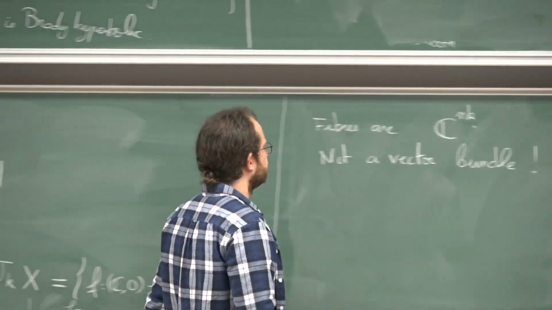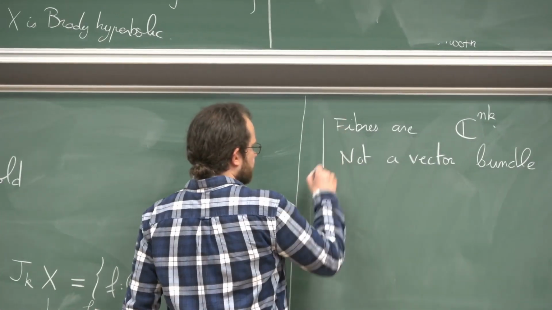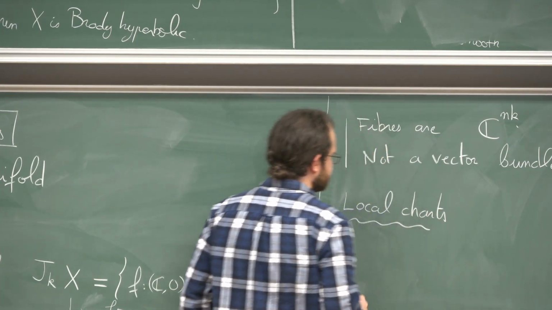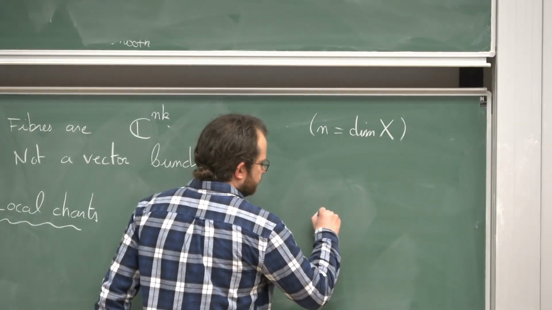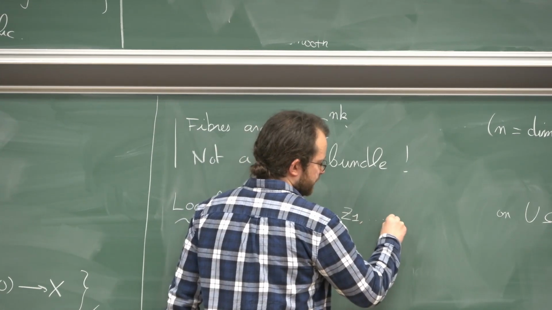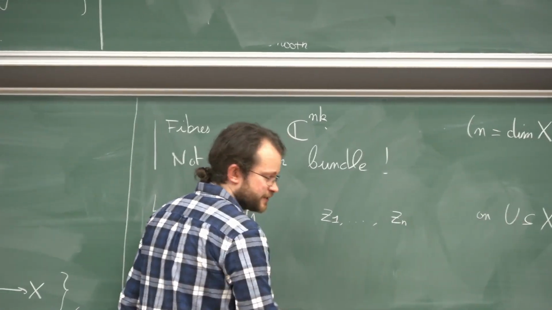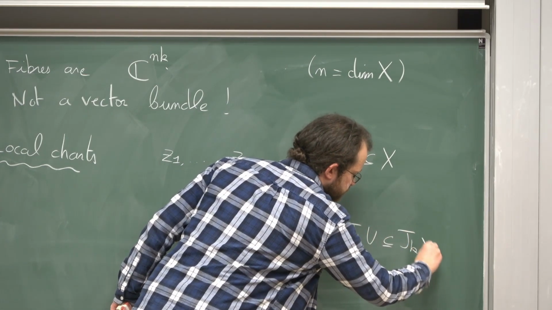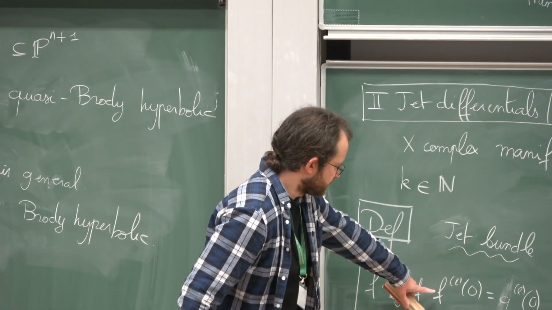Okay, so this is not a vector bundle. You can write as an exercise the change of coordinates in local charts. And for explaining what follows, I will just introduce a local chart. So if you pick coordinates on some open subset of X, say I pick z_1, ..., z_n, coordinates on some open subset, then you have coordinates on J_k(U), which is included in J_k(X), which are given, as you would expect, by the derivatives of these f_i.